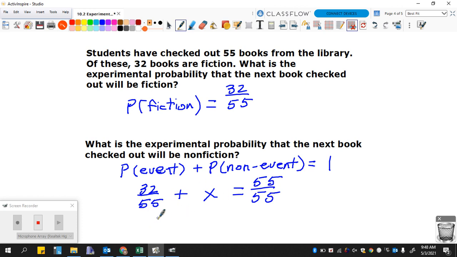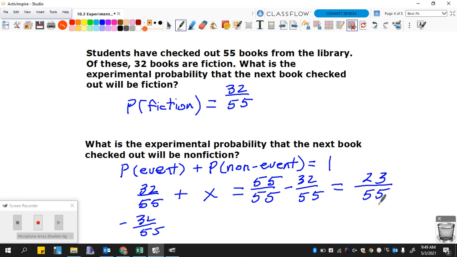And then we're going to just simply subtract 32 over 55 from both sides, which gives us 55 minus 32. Obviously, the 55 is on the bottom here. So 5 minus 2 is 3. 5 minus 3 is 2. So the probability of a nonfiction would be 23 out of 55.